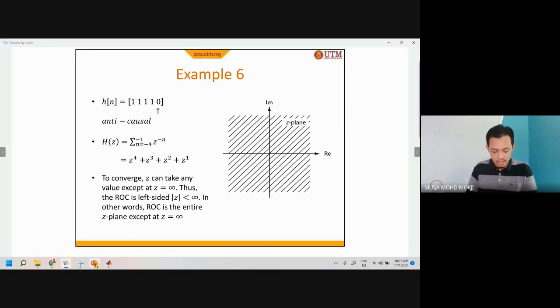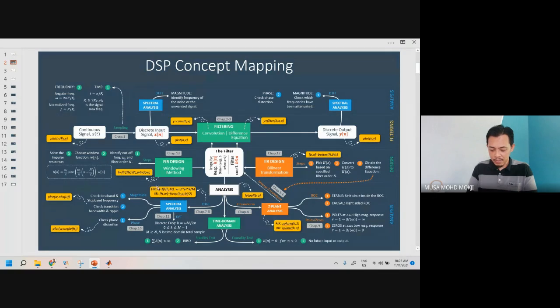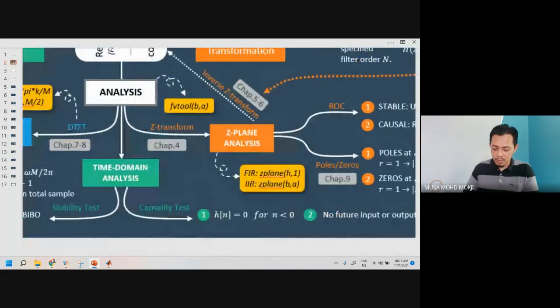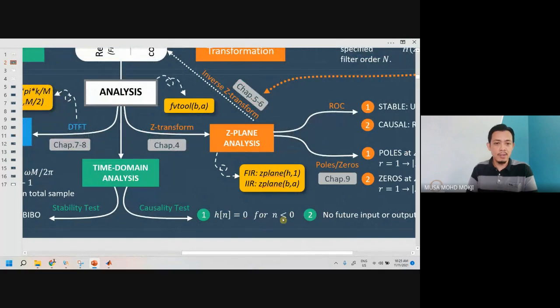Let's look back at our mapping on causality. Hopefully you can see it, though it is a bit small. h[n] is supposed to be 0 for n less than 0. This is the rule if we want a causal system.